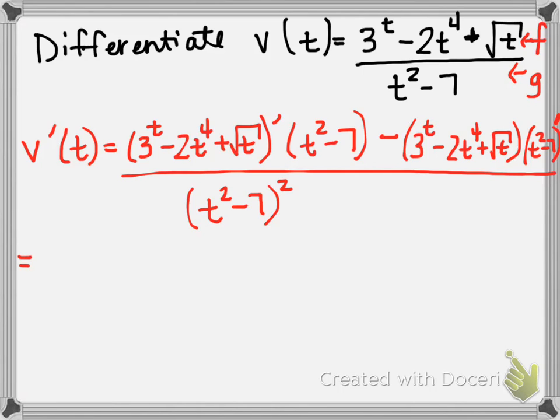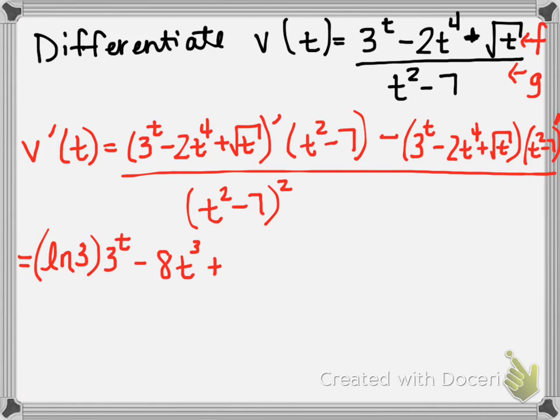Okay, so let me go ahead and take those derivatives now. The first thing I need to do is find the derivative of f in the numerator. To find the derivative of f, I use my exponential rule, so natural log of 3 times 3 to the t, minus 8t cubed, plus, now I need to take the derivative of square root of t.